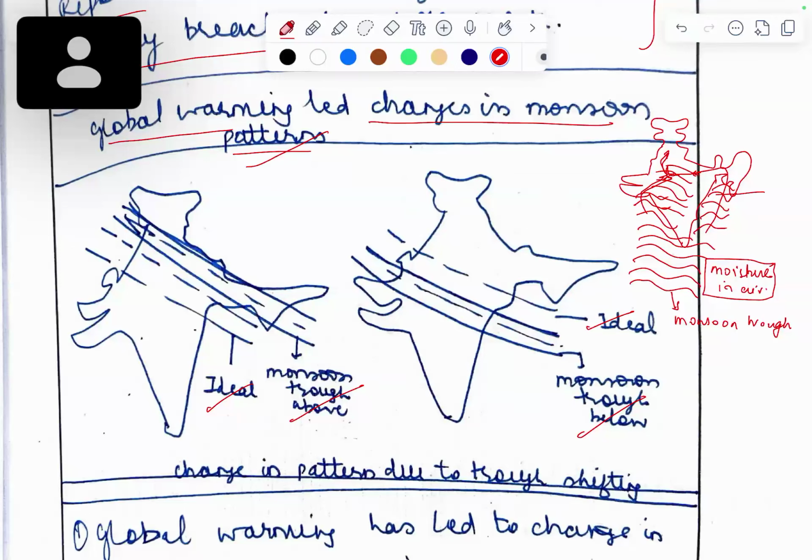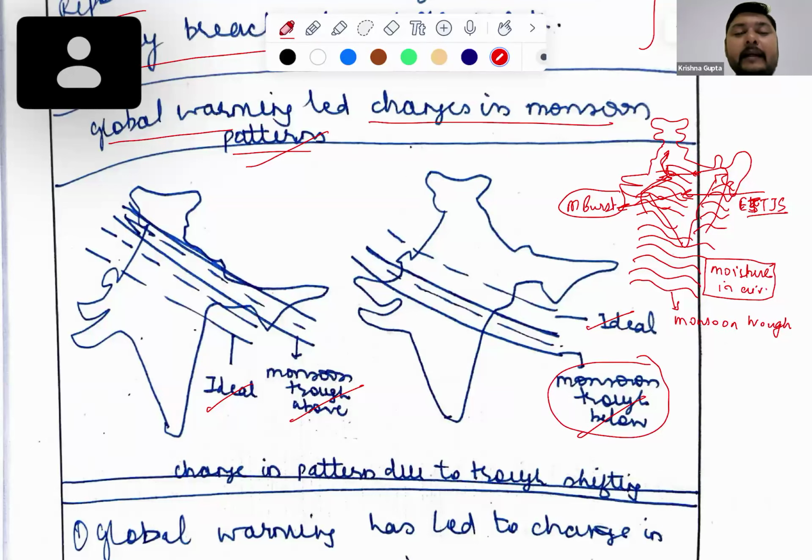And when the eastern jet stream or the eastern tropical or subtropical jet stream collides with them, there is a monsoon burst. So this is this part here. For the monsoon trough, we cannot say that a shifting of the monsoon trough takes place. It can either be early or it can be late.